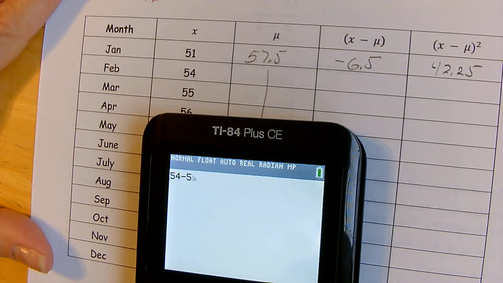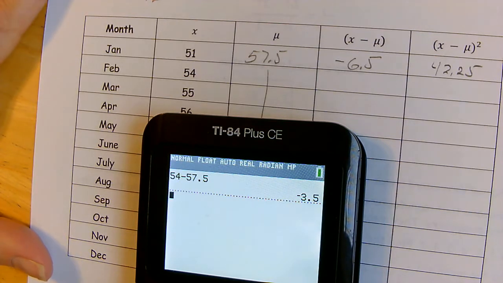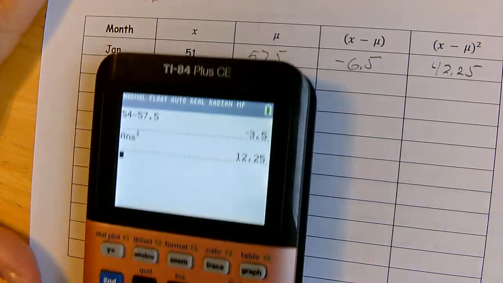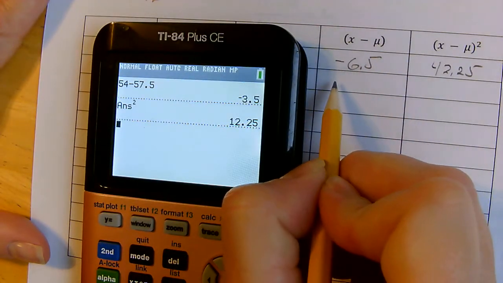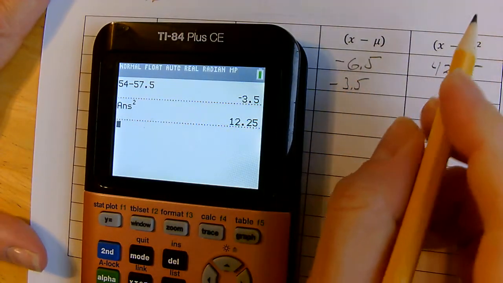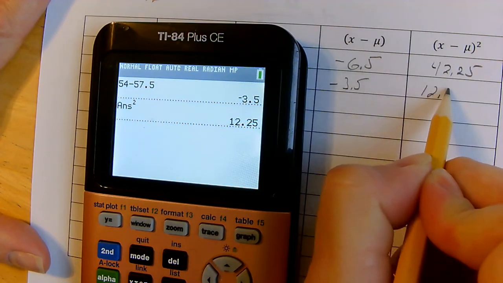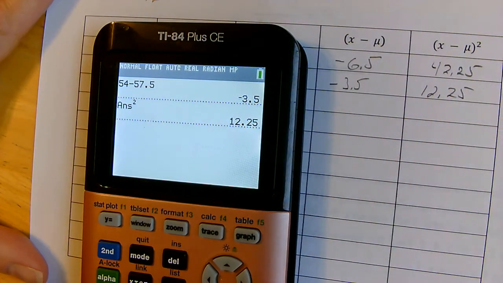54 minus 57.5 squared is 3.5 degrees below average. After I squared it, it's 12.25.